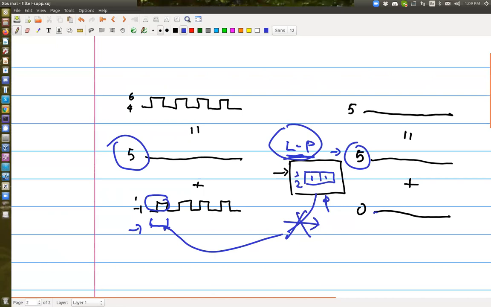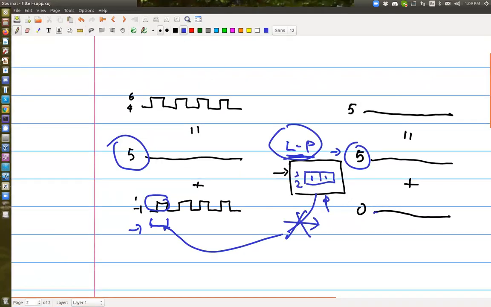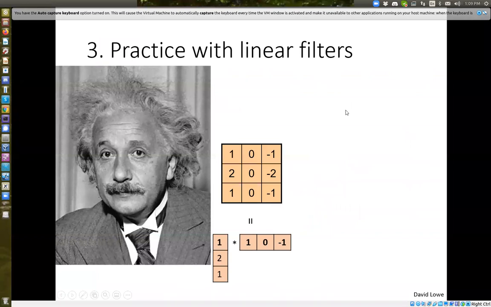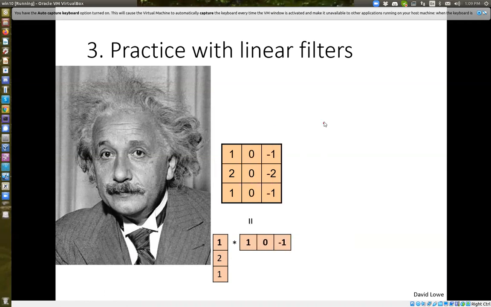So now if I get back to here, last time we ended with that Einstein image, and let's see if I can get a pointer with a pen here, even though I don't like to draw on PowerPoint because, oh, okay, it already disappeared.